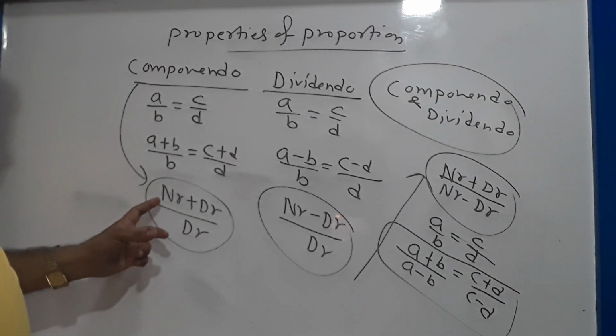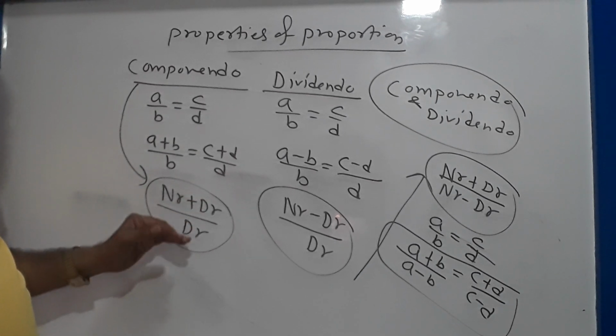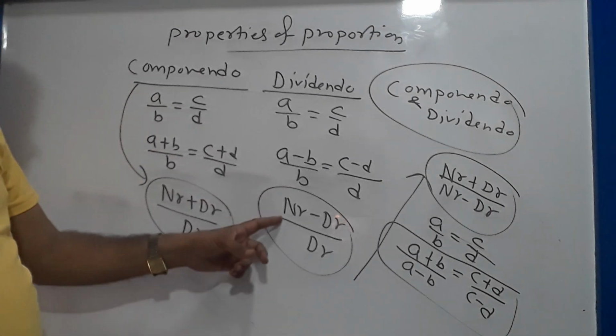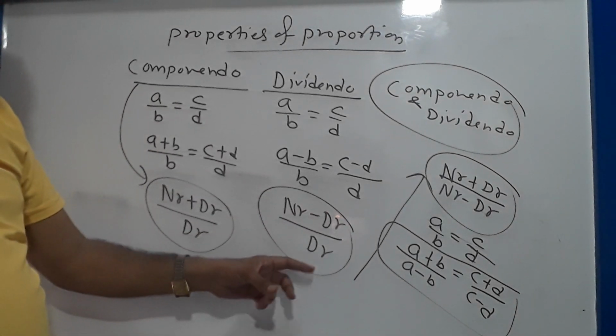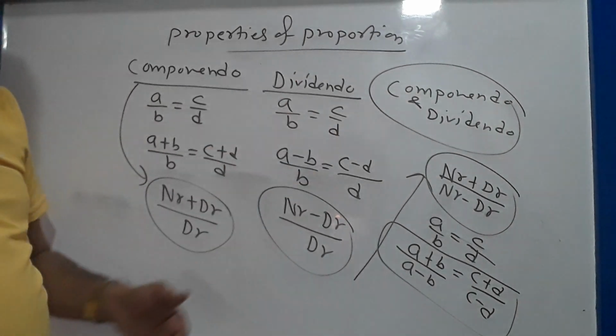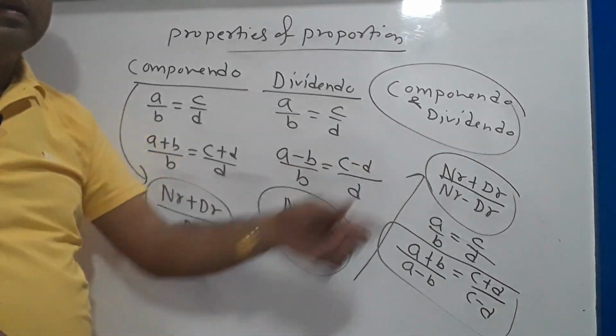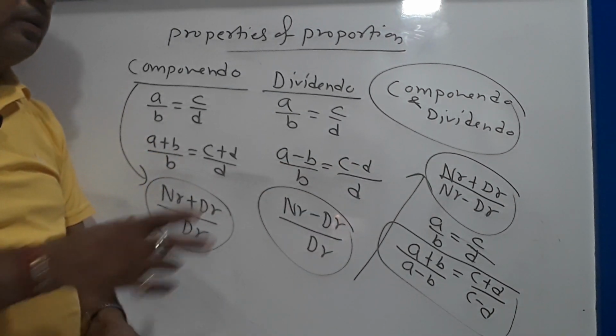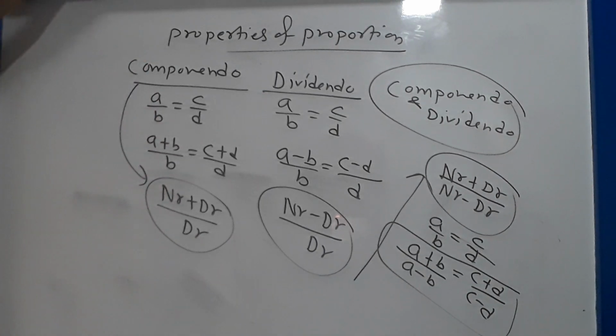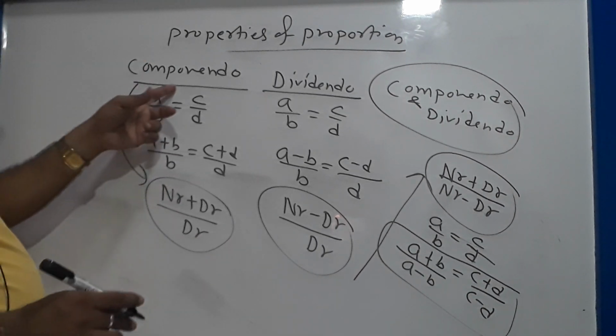So componendo means numerator plus denominator upon denominator. Dividendo means numerator minus denominator upon denominator. Then when we club both componendo, dividendo, we get numerator plus denominator upon numerator minus denominator on both the sides.